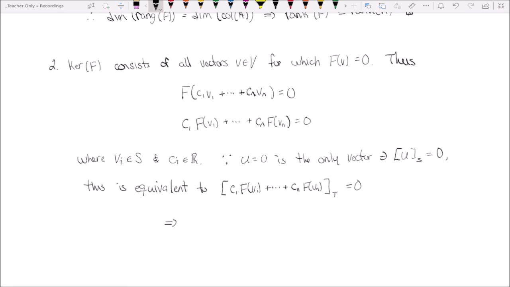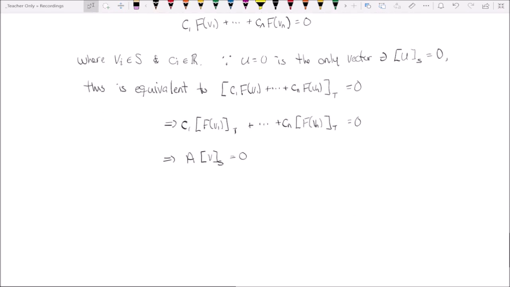Which means that c1 times the coordinate vector of F of v1 with respect to T plus so on and so forth plus cn times the coordinate vector of F of vn with respect to T is equal to 0, which means that A times the coordinate vector of v with respect to S is equal to 0.